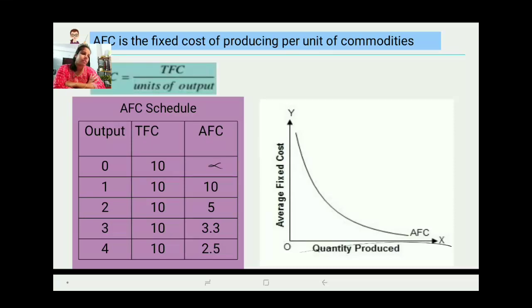It is a downward sloping curve, almost L-shaped. On the x-axis we have taken quantity, and on the y-axis average fixed cost. When we put these figures in the diagram, we get a downward sloping average fixed cost curve, because as we keep on producing, the average fixed cost is reducing.